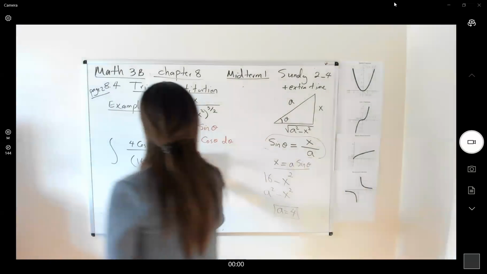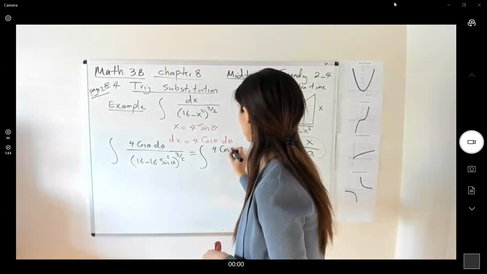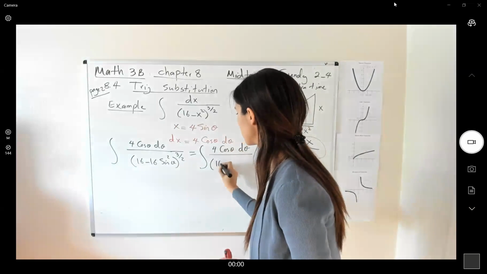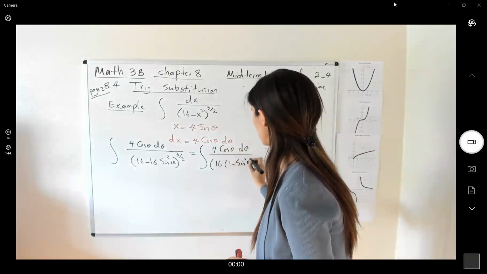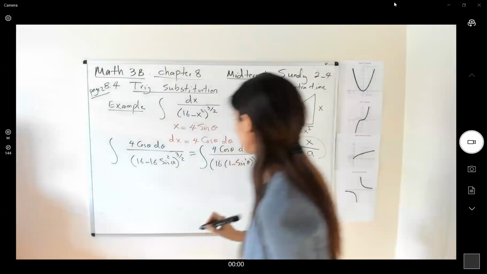On the denominator, if you factor out 16, we get 1 minus sine squared theta, everything raised to 3 halves.